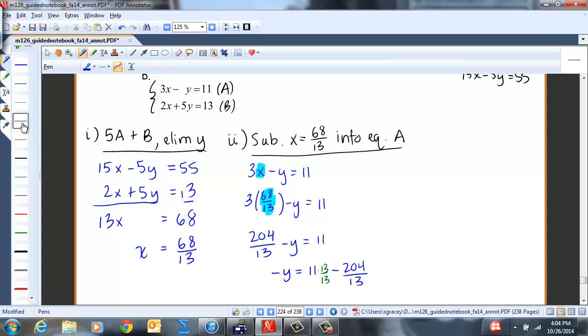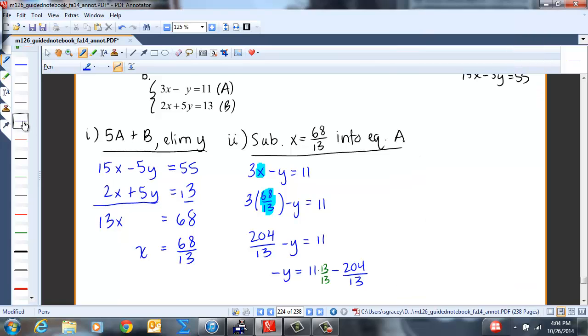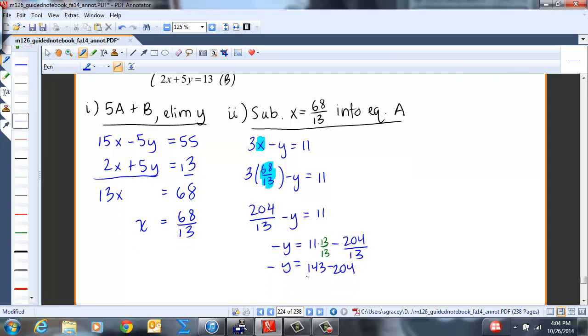And get our calculator. So our 11 times 13 is 143. So negative y is 143 minus 204 all over 13.